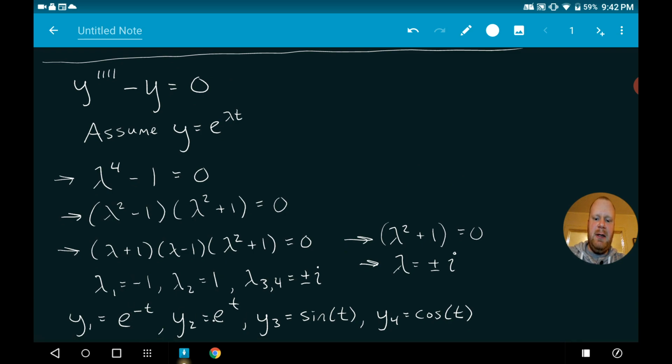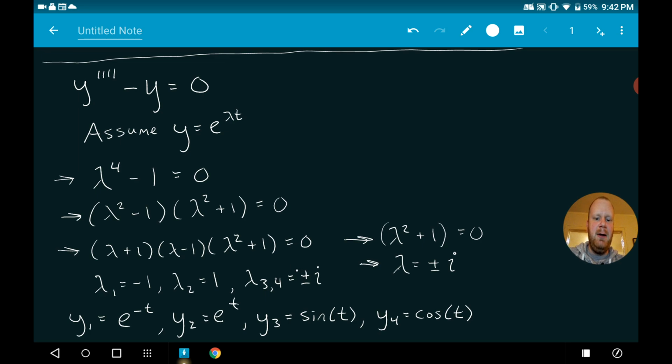So e to the negative t, e to the t, and then for these i values here, you could write e to the it and e to the negative it, but I think it's much nicer to just write sine and cosine here. Again, just keep in mind that you've got an e to the alpha t term and sine of beta t to worry about for these.